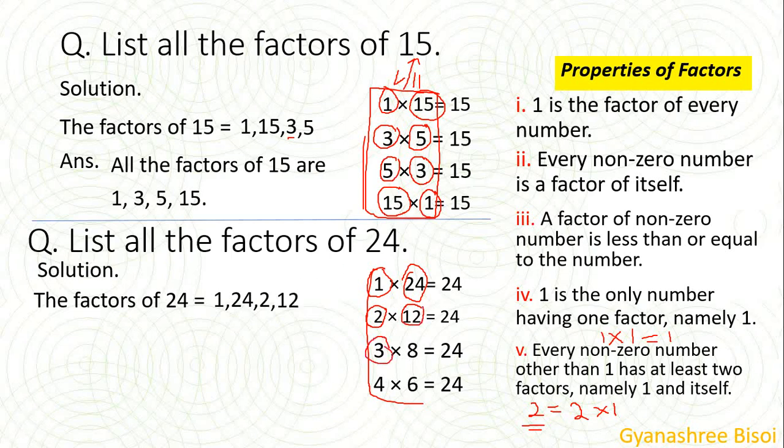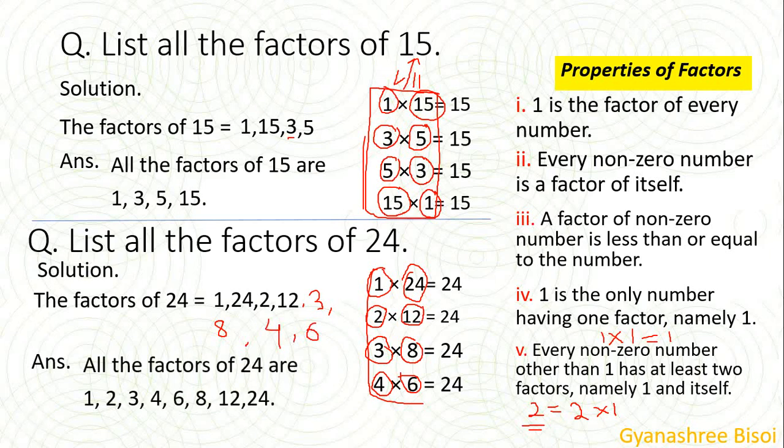Next one is 3, then 8, then 4 and 6. So these are the factors of 24. I'll write them in ascending order. All the factors of 24 are 1, 2, 3, 4, 6, 8, 12 and 24.